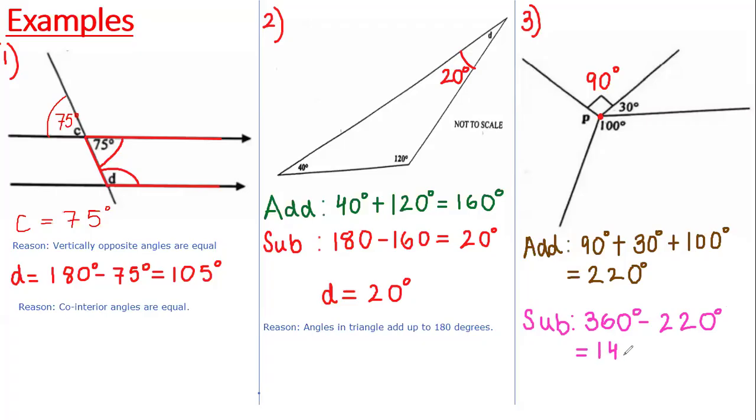That means that P is equal to 140 degrees, and the reason is angles around a point add up to 360 degrees.